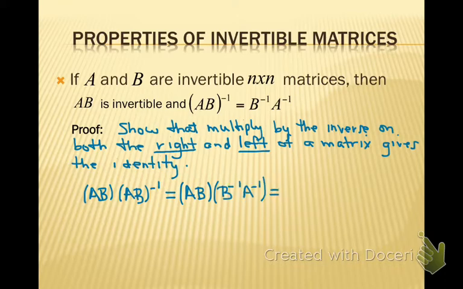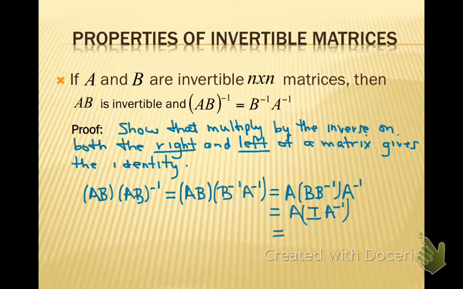Now we can reorder our product in the following way. So it's A times B times B inverse times A inverse, which gives us A, B times B inverse. Again, B is invertible, and if I multiply it by its inverse, I get I. And then I can take the product of I with A inverse.